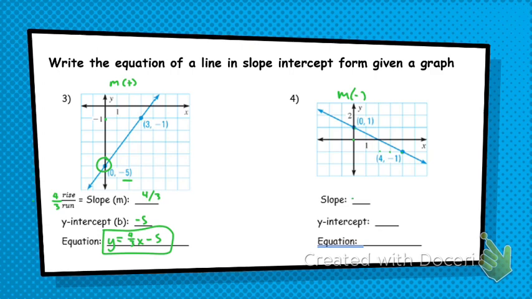So I'm going to fall 2, and I'm going to run 4, which I would just need to simplify and say that that's negative 1/2. So my slope is negative 1/2, and then my y-intercept is at 0, 1. So I can say that's y equals negative 1/2 x plus 1, and this would be the equation for that line.